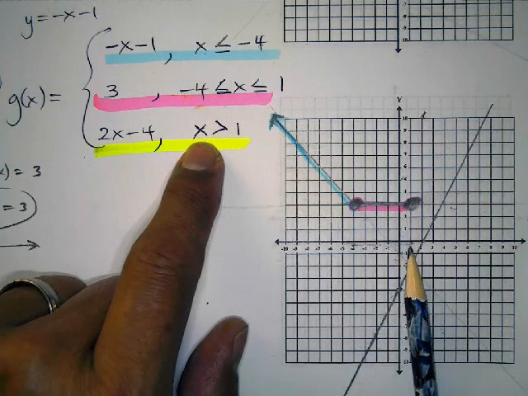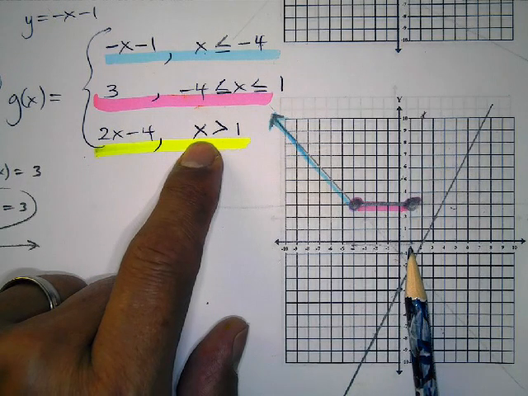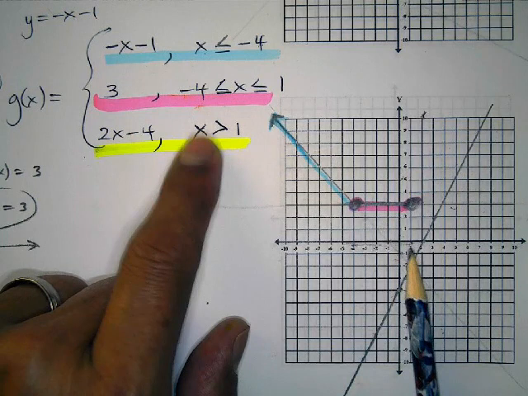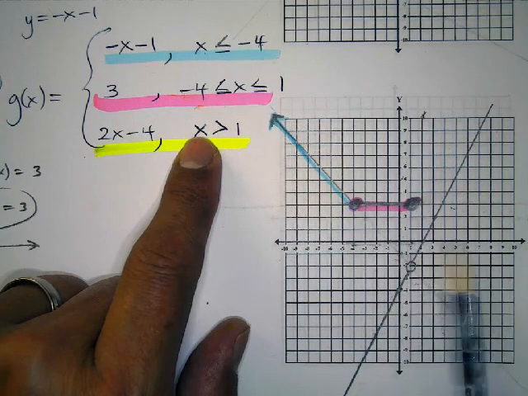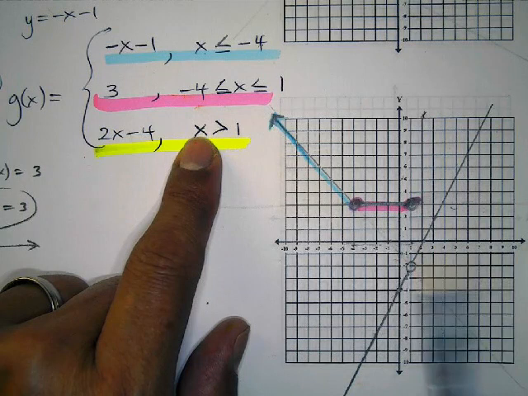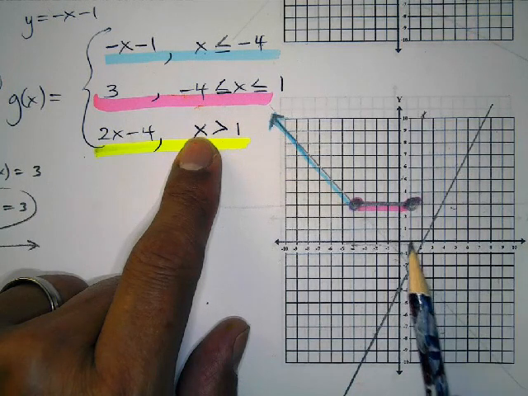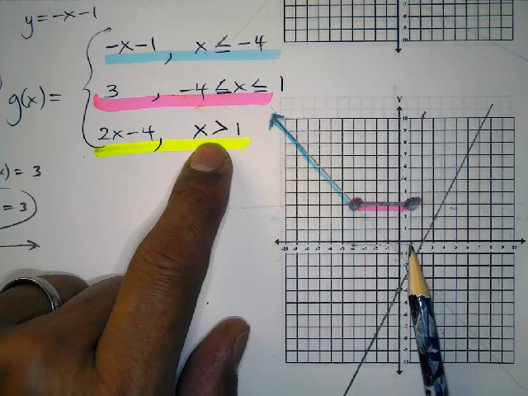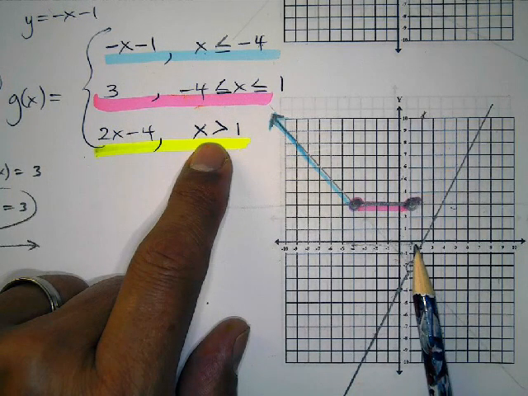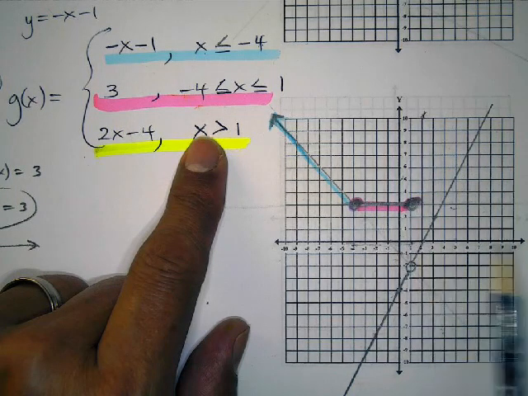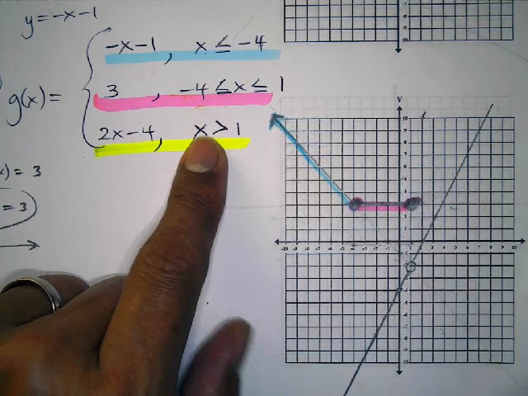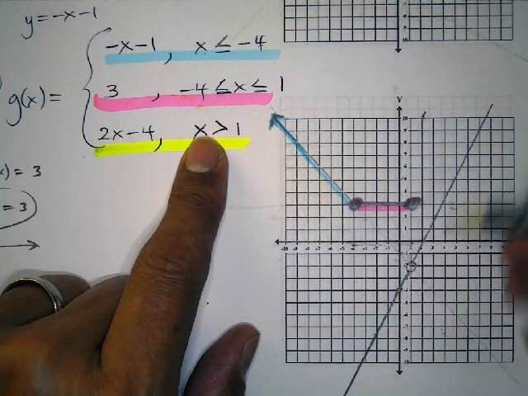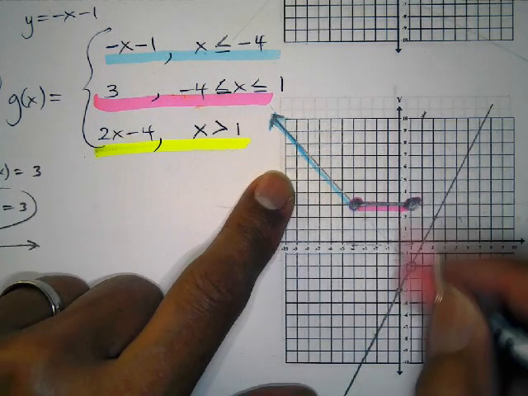And this one says that you want to only see the values of x that are what? Well, here's x equals 1. This means the values of x are greater than 1. That means I want to only see this graph where the values of x are greater than 1. Greater than 1 is this way, 2, 3, 4. I want to keep this side, the values starting at 1, or the values that are greater than 1. Greater than 1 would be to the right, right? Not to the left.